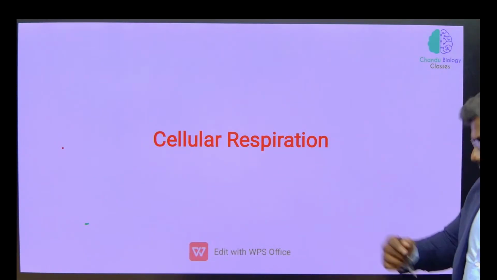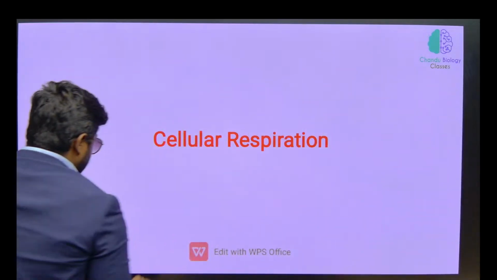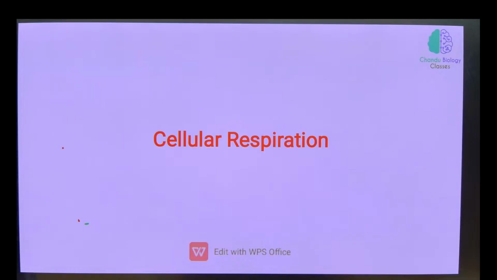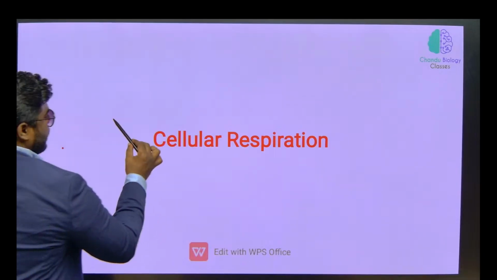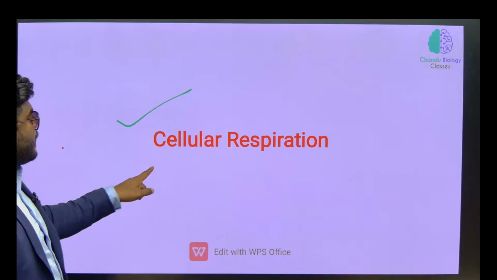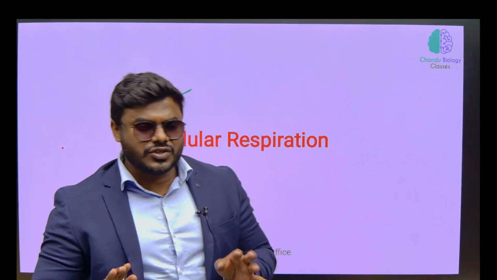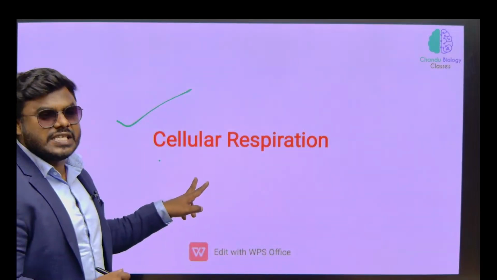All right. Now, we'll complete the CAM pathway at the end. Small topic it is, just 5-10 minutes it will take. So, after photosynthesis, the second subtopic is cellular respiration. In the entire plant physiology, the toughest topic is this only.